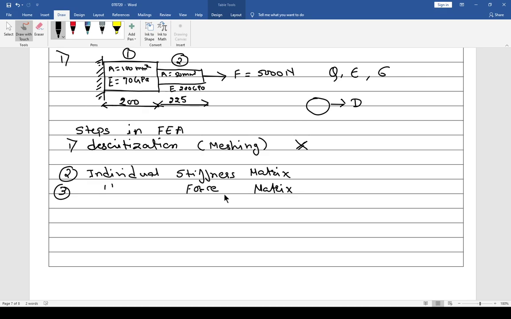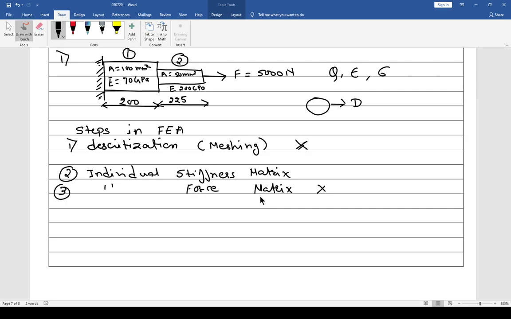That may be complex when you are involved in some kind of self weight, inertia forces, pressure, moment. In that case you might have to calculate the individual force matrix. Presently this step is not required because we are applying a force at only one location. Self weight we are not taking into consideration. So individual force matrix is not required.